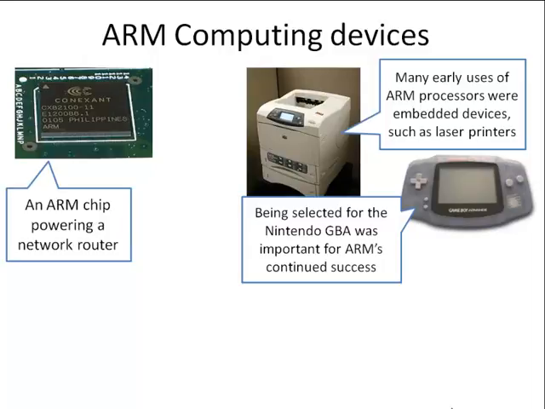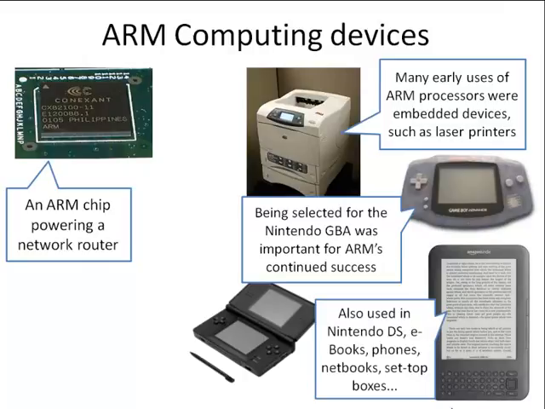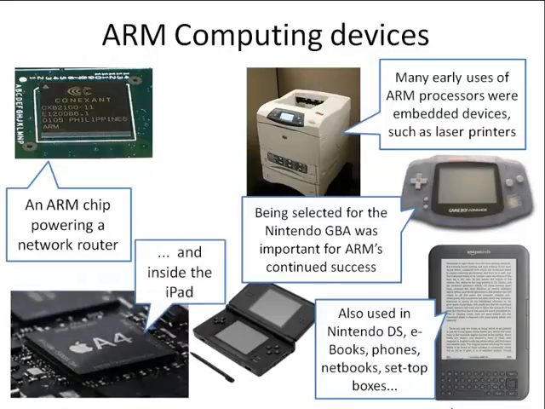So some years ago it was adopted for the Nintendo Game Boy Advance, and that was an important design win, I think, for ARM and for its continued success. And since then it's been used in Nintendo DS, it's been used in ebooks, it's used a lot in mobile phones, especially smartphones, it's used in netbooks, set-top boxes, it's used in the Kindle as shown here, and is also the chip that powers the iPad.